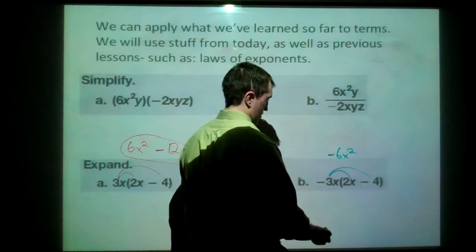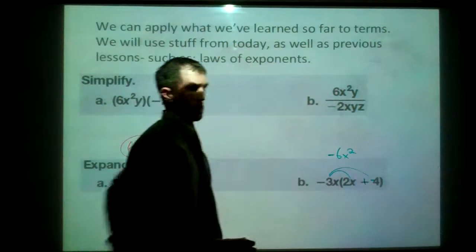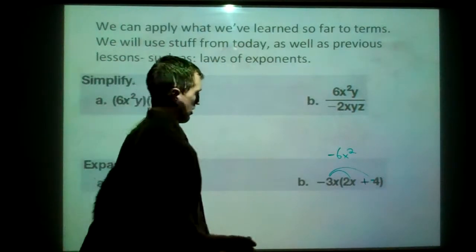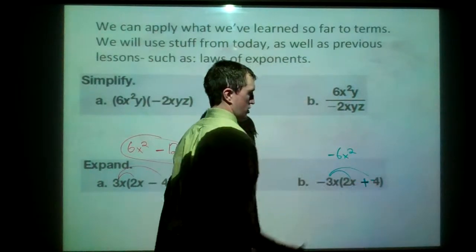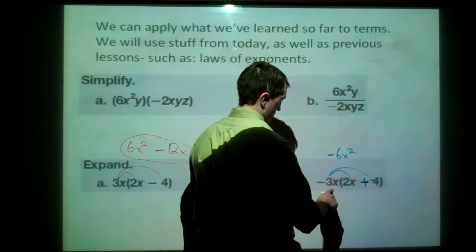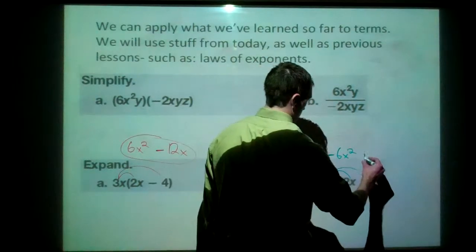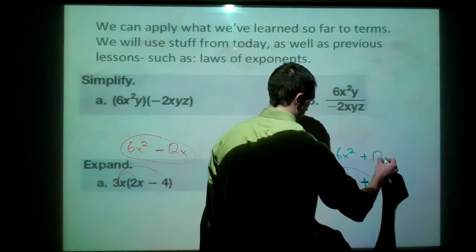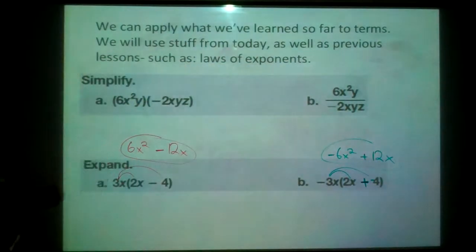If we change this to plus negative 4, that's what we did when we were adding integers before. We can always change things to addition, remember, if we change the next number to its opposite. So we really have negative 3x times negative 4. Negative 3 times negative 4 results in a positive 12, and we have an x left over. So you can see how the sign switched here. On that one we have negative 6x squared plus 12x.